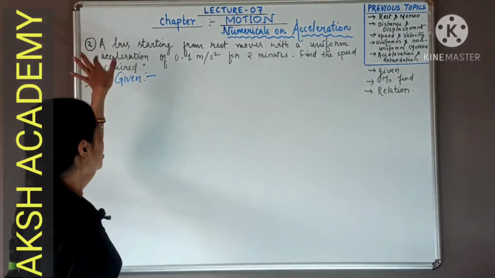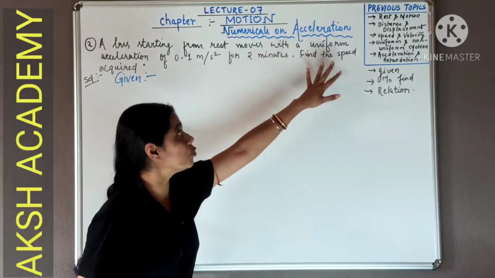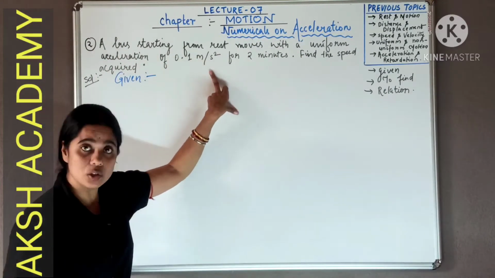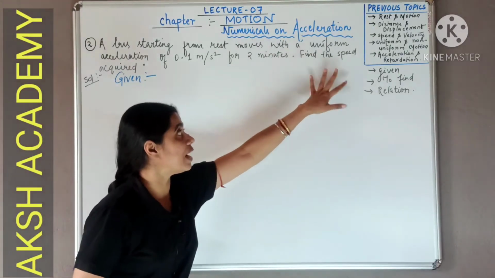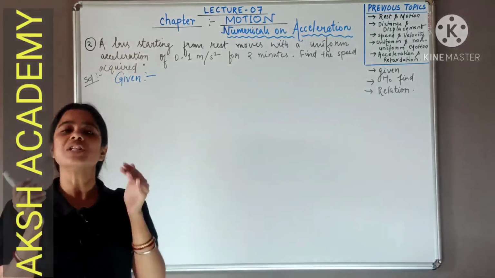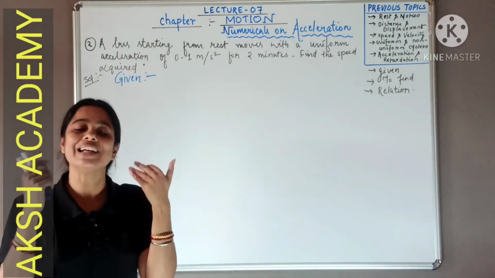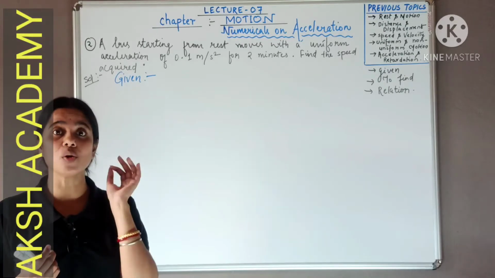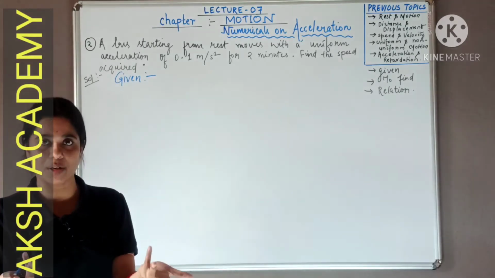The question is, a bus starting from rest moves with a uniform acceleration of 0.1 meter per second square for 2 minutes. Find the speed acquired. What is said in the question? There is a bus which has started from rest. When it has started from rest, its velocity is 0 meter per second or 0 kilometer per hour.